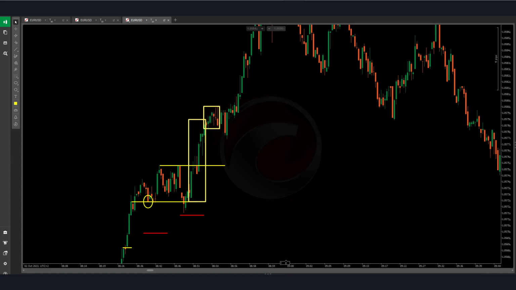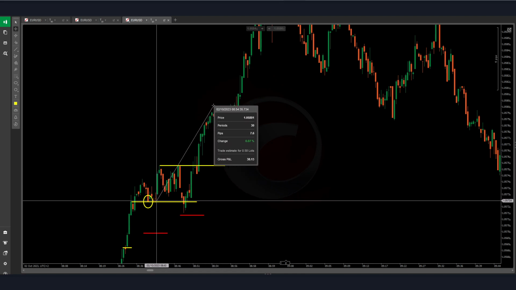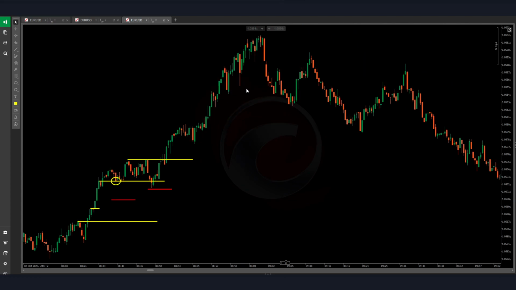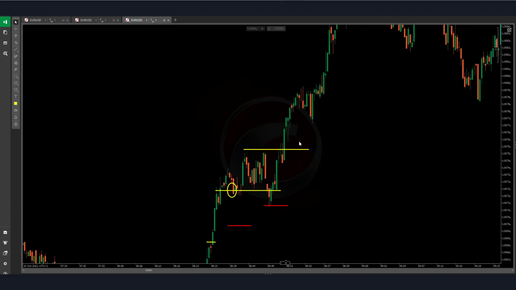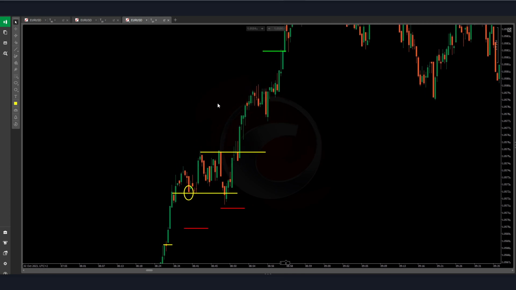So we can either just sell it and get out with the 7 pips, or we could wait patiently, due to the fact that we're basically risk free, and go for a 10 pip move, which commission wise and monetary value wise is way better. And we can see that in this case it would have worked absolutely fine. 10 pips would be around there, and that's a very good first trade.